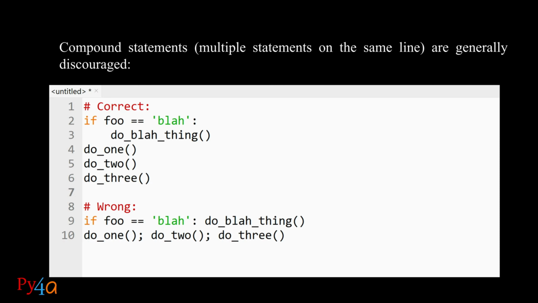And then do 1, do 2, and do 3. Then look at the wrong way of doing it. Here they have placed the conditional statement if on the same line with do blah thing. And then do 1, do 2, and do 3 on the same line and separated with a semicolon. If you see something like this, it is not Pythonic, it breaks readability, and it is wrong.